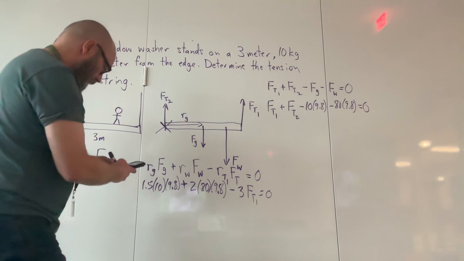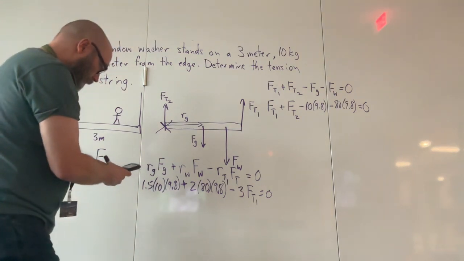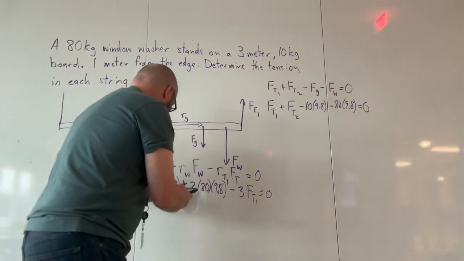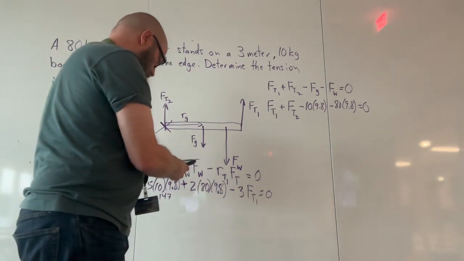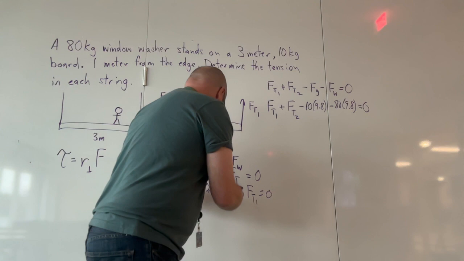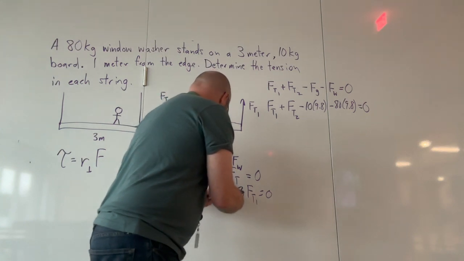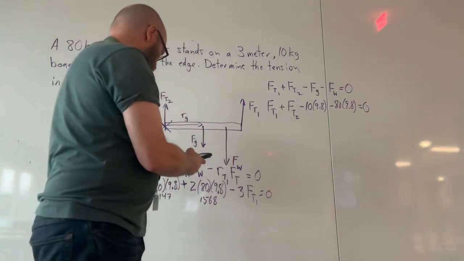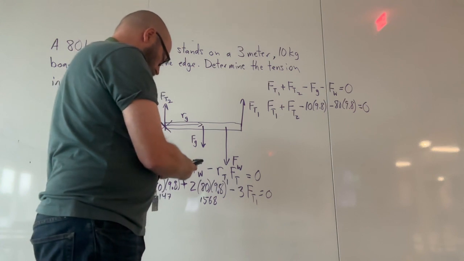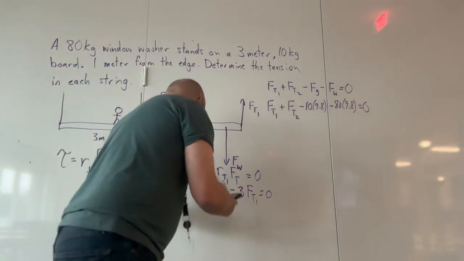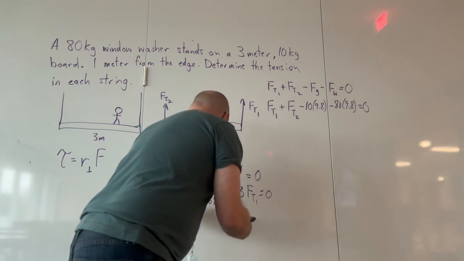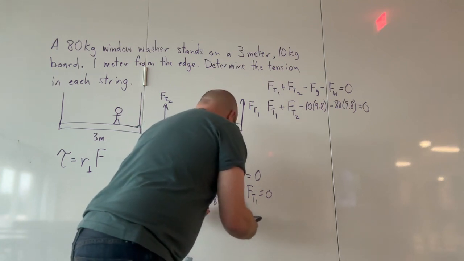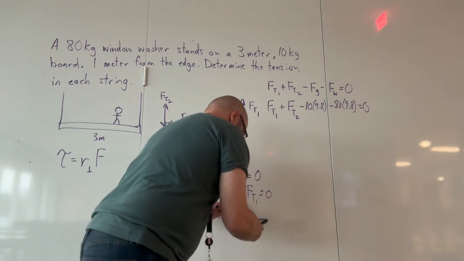So 1.5 times 10 times 9.8 is 147. 2 times 80 times 9.8 is 1568. If I add those two together, I get 3 FT1 equals 1715.